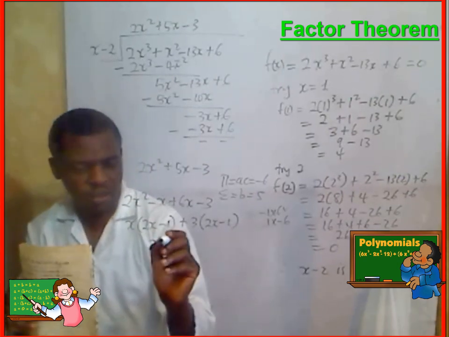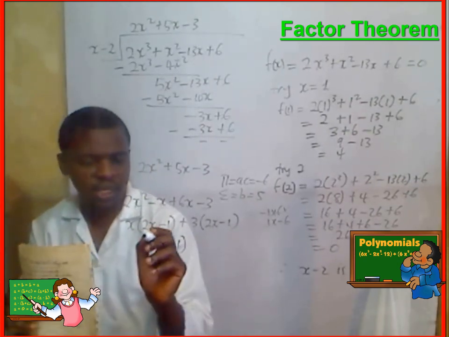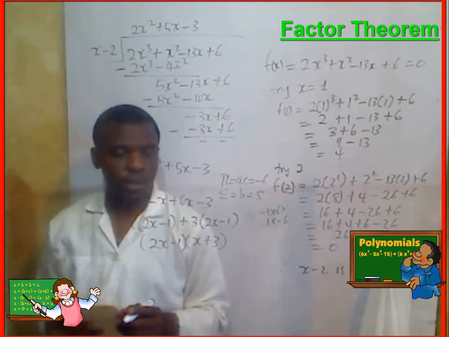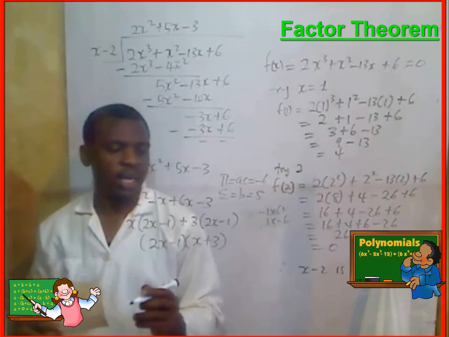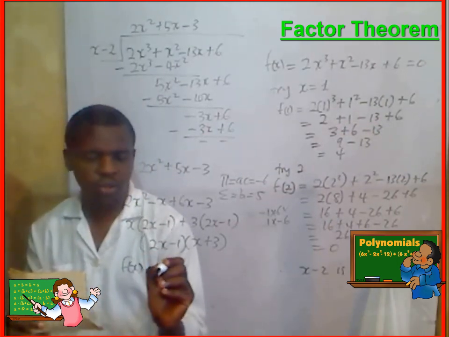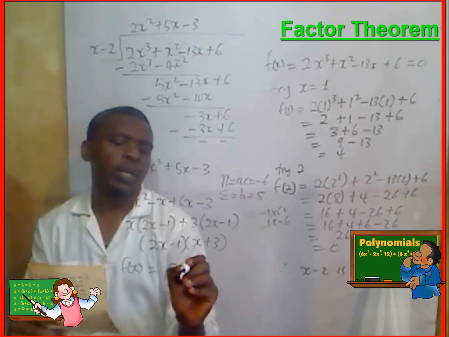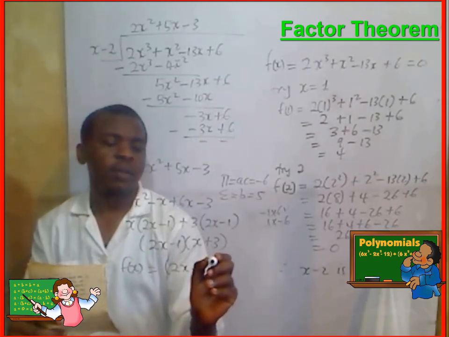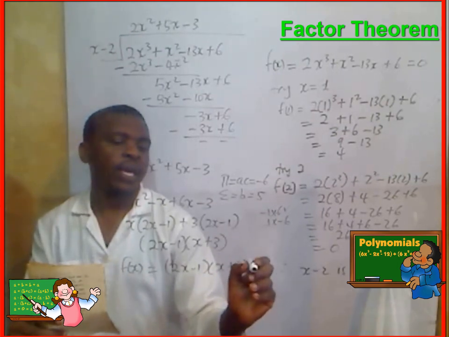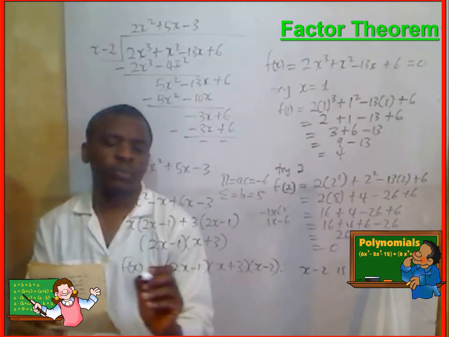So I'll write it once. 2x minus 1 factor of x plus 3. So our polynomial factorized completely, f of x will be equal to 2x minus 1 factor of x plus 3 factor of x minus 2.